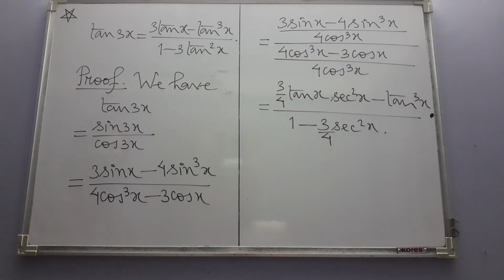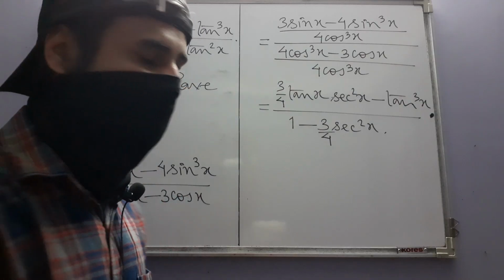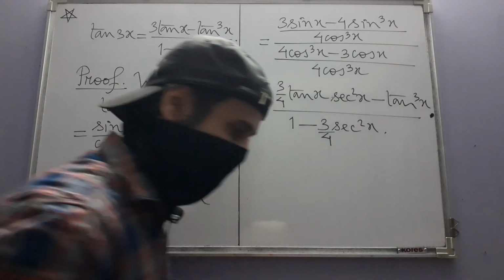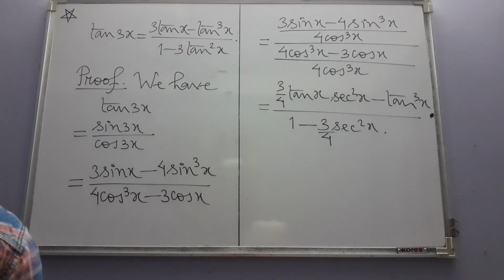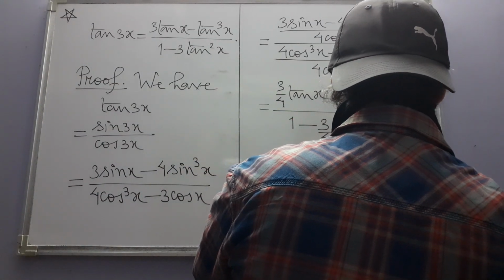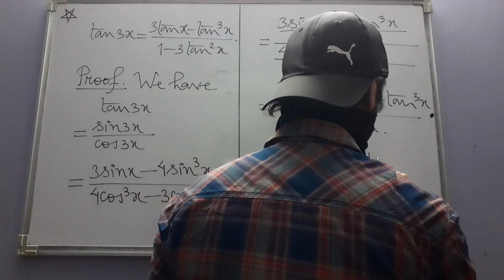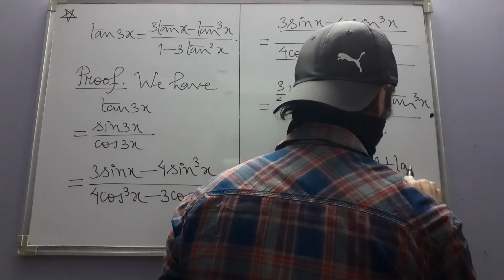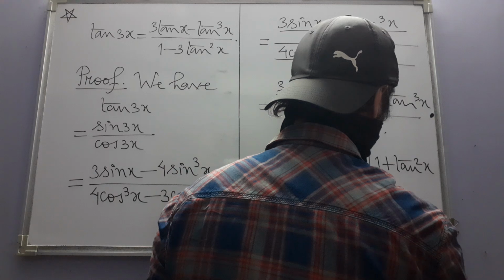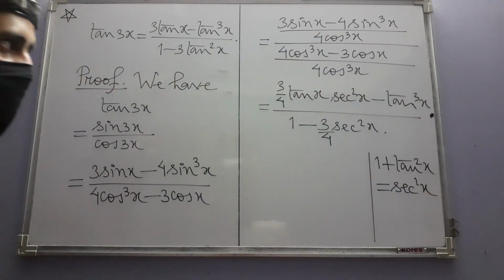Okay, but there is a way of turning secant square x into tan x, isn't it? What is the identity? The identity is this, right? 1 plus tan square x is equal to secant square x.